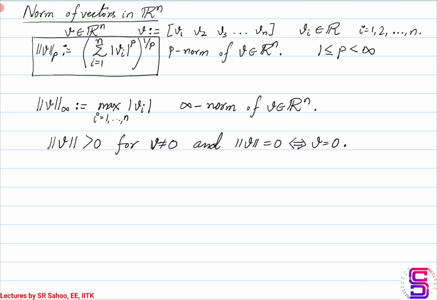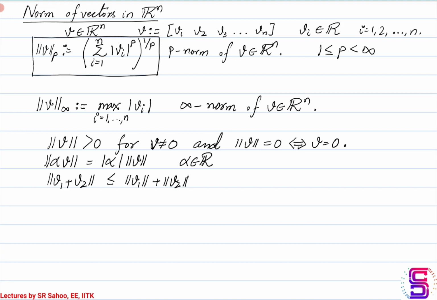Similarly, the norm of a scaled vector is the absolute value of the scaling times the norm of the vector, where alpha is some number that belongs to R. And finally, the triangle inequality is satisfied by all p norms, including the infinite norm: norm of v1 plus v2 is always less than or equal to norm of v1 plus norm of v2.